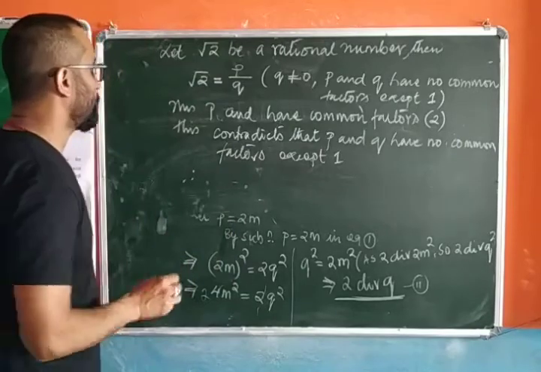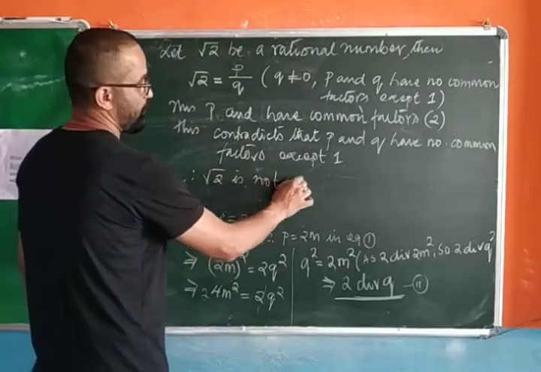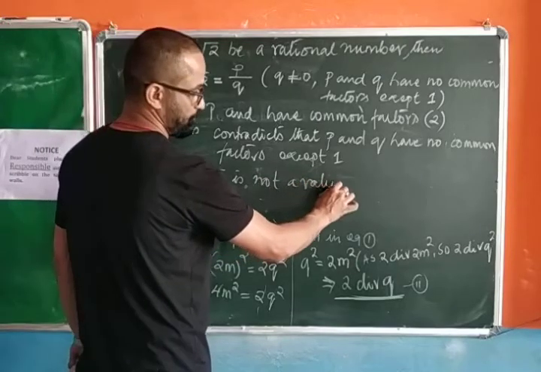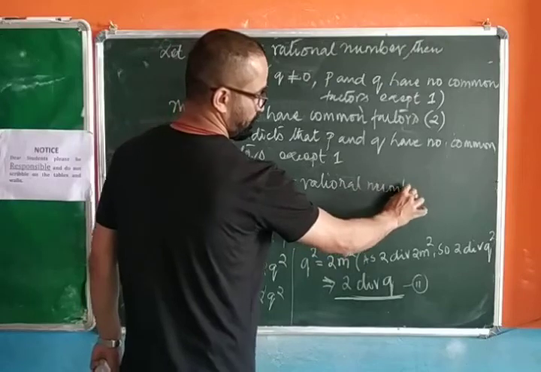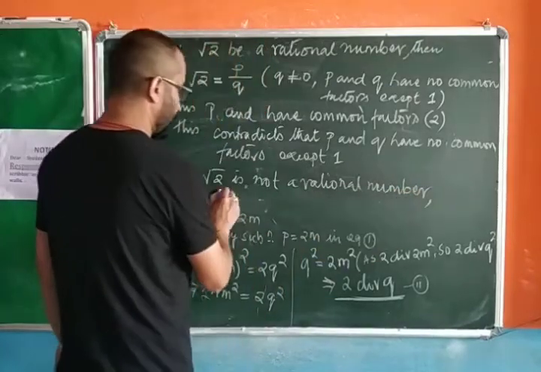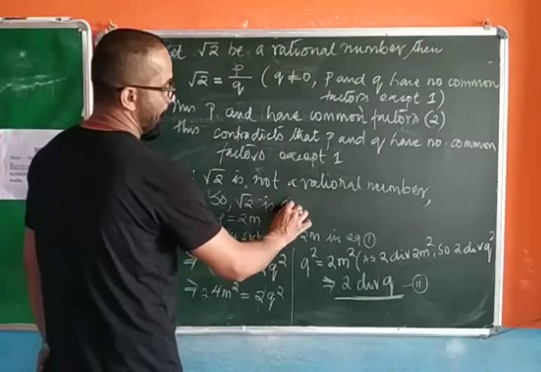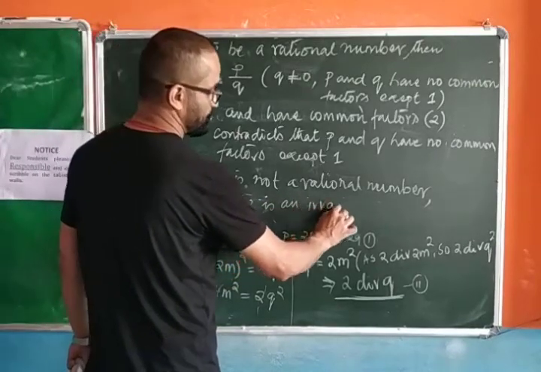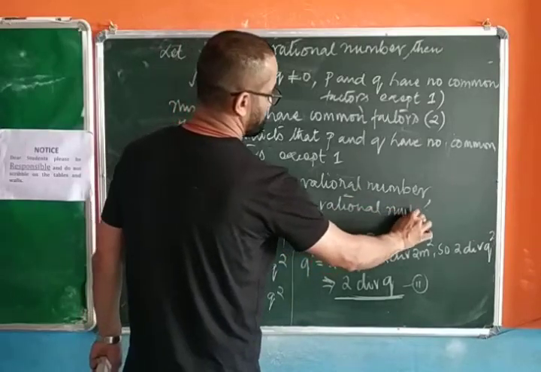Therefore, root 2 is not a rational number. So root 2 is an irrational number.